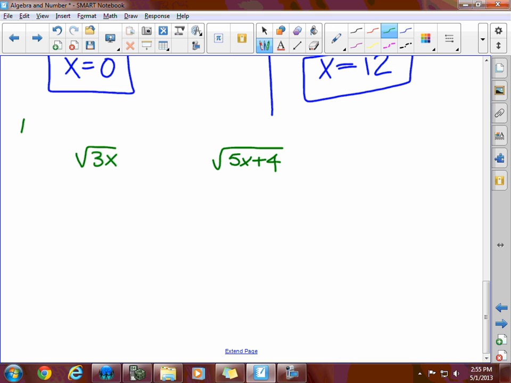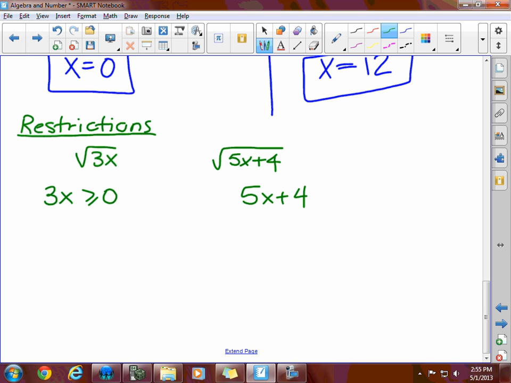So I want to determine what the restrictions of this equation would be. Now remember, if we're talking about an index that's positive or even, like we have here, where the indexes are 2, we need the radicand, so the 3x, to be greater than or equal to 0. And in this case, the radicand, 5x plus 4, has to be greater than or equal to 0.